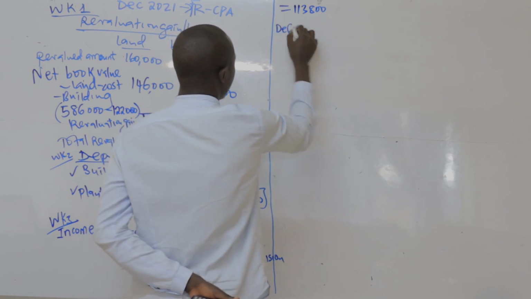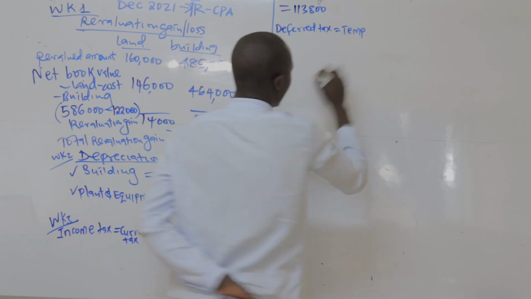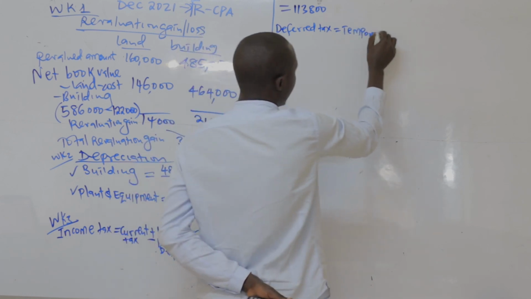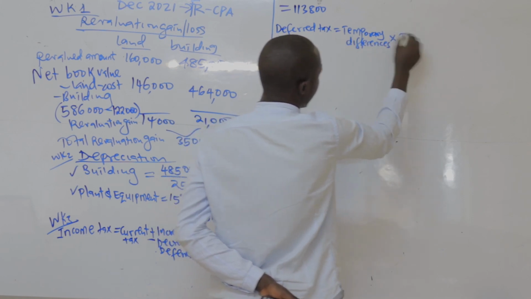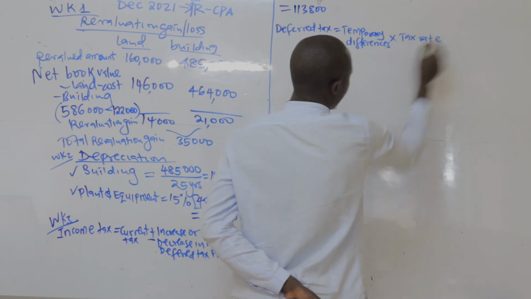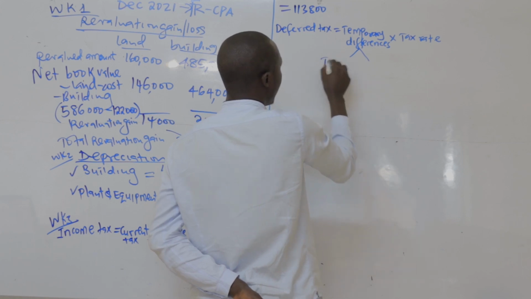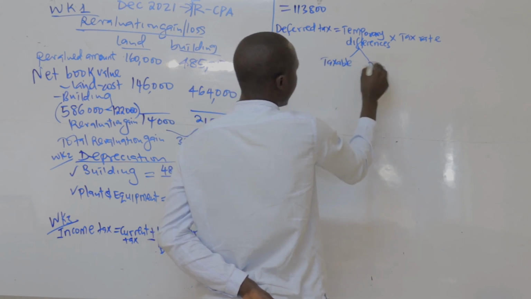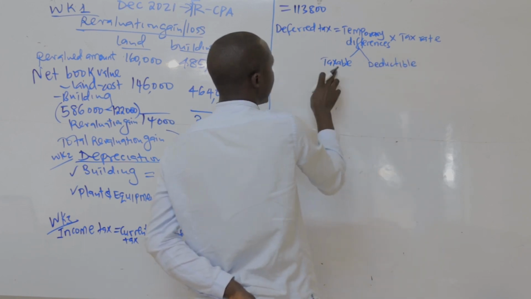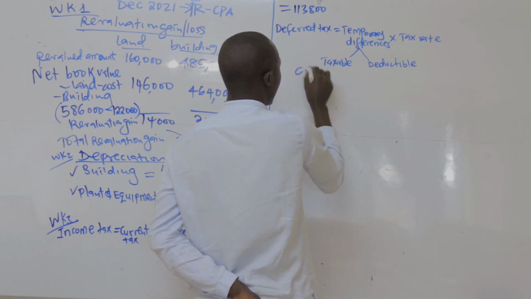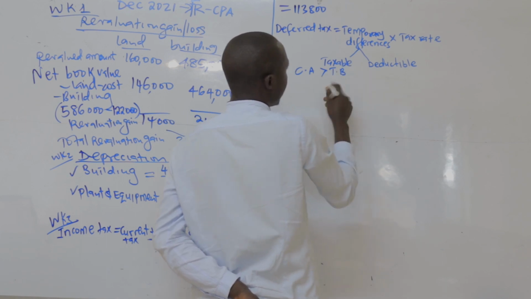So let us look for the deferred tax. We always say that deferred tax is equal to the temporary differences times the tax rate. But you need to know that we have two types of temporary difference: the taxable temporary difference and the deductible temporary difference.